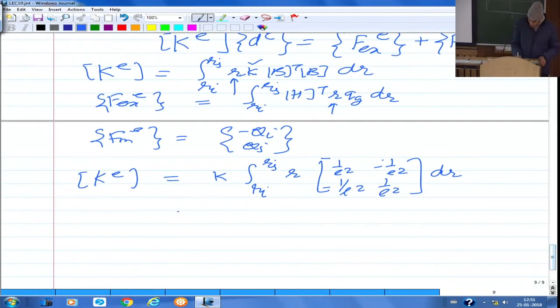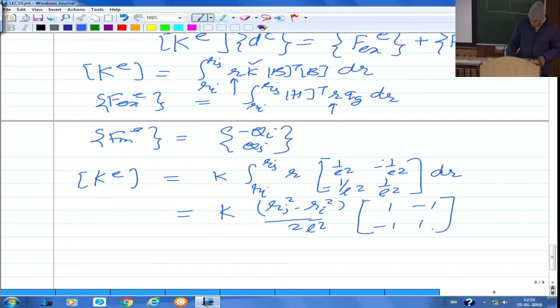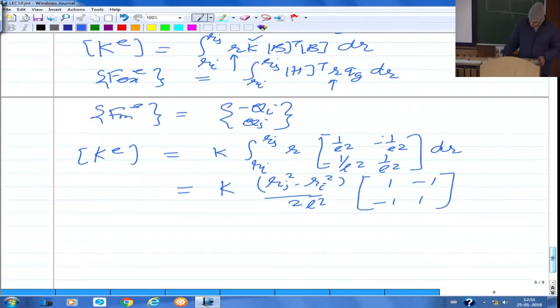So you finally see that this is K, because all these terms are constant, so you will get only this term R. And when you put the limits, you are going to get basically Rj square minus Ri square by 2. And of course, if I take L square out here, you'll get 1 minus 1 minus 1 and 1. So this would be the integrated stiffness matrix.